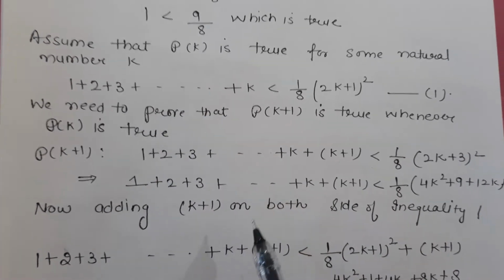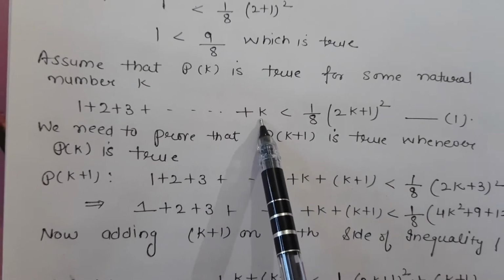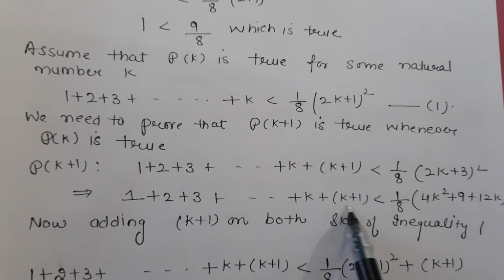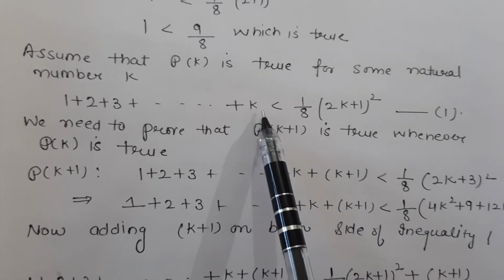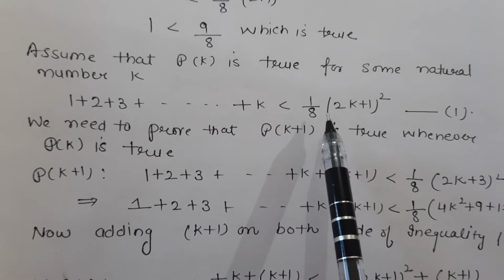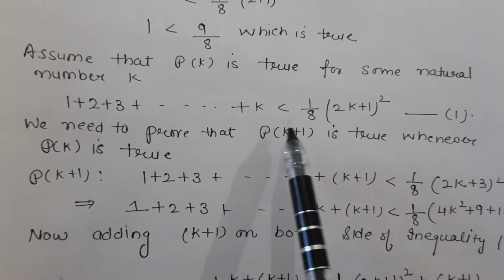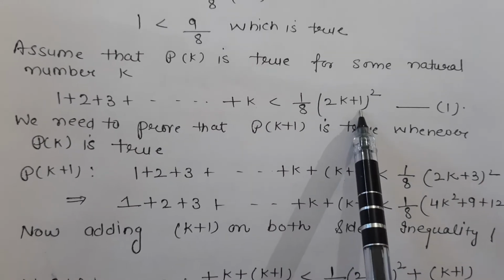Now look on the left hand side of these two inequalities. Here the last term is k and here it is k plus 1. That means if we add k plus 1 on both, because this inequality is true, you have assumed that this is true, so we'll add k plus 1 on both sides of this inequality.